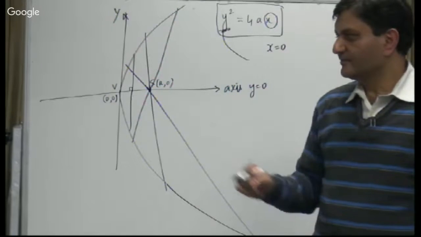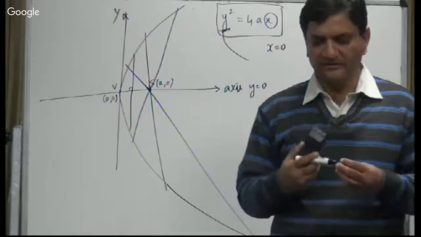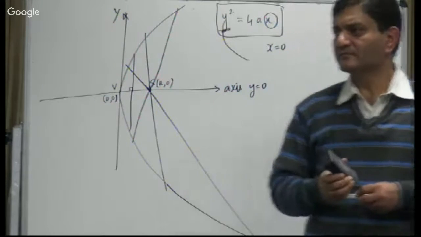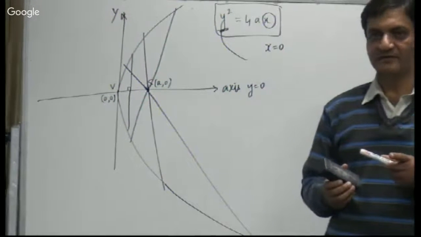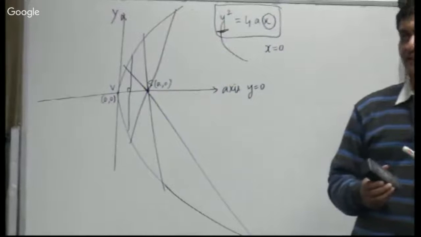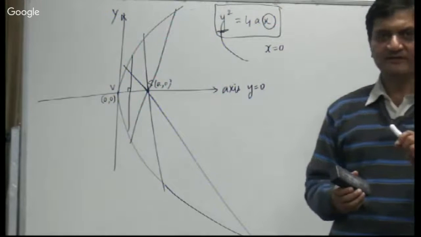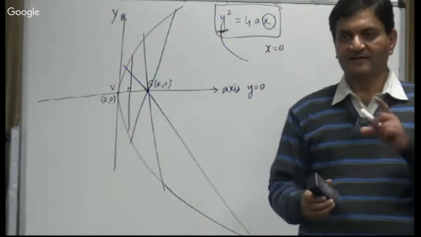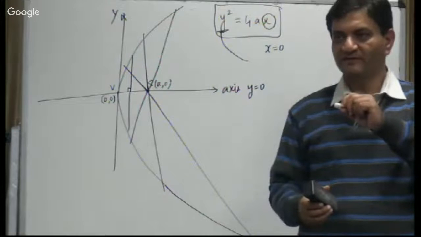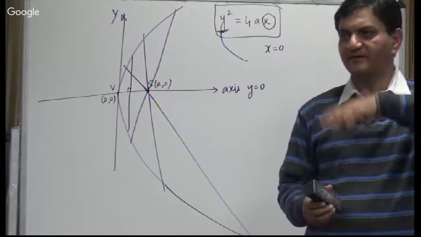Then comes the latus rectum. What is the latus rectum? It is a double ordinate passing through the focus. Or you can say it is a segment passing through the focus and perpendicular to the axis, and it is the intercept between the parabola.